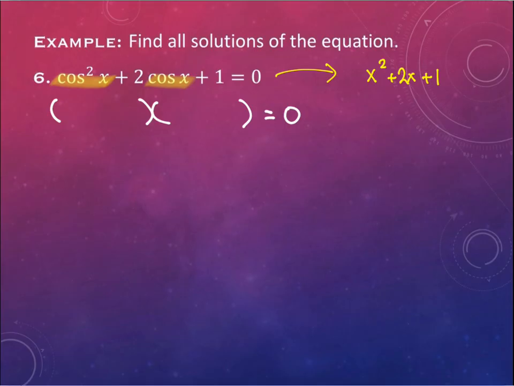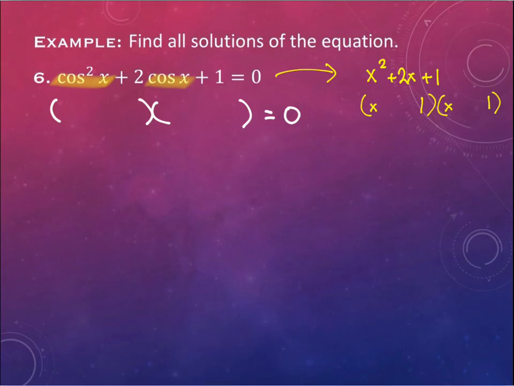So if I were working with this problem that I've recreated over here, and we wanted to factor, we'd say, okay, I need an x and an x to get an x squared, right? I'd say, oh, look, there's a 1 on the end. I need a 1 and a 1, otherwise I can't multiply and get 1. And that 1 on the end is positive, so my signs need to be the same.